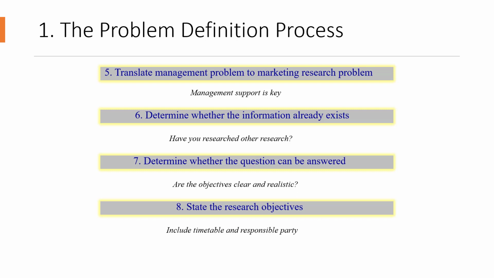It's like image: what kind of image do our customers have of us? Number two is to determine if our pricing is too high or too low. So that's another possible research objective.